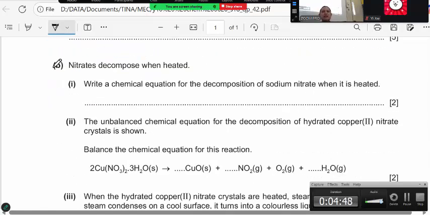Nitrate is heated. This one is no longer in your syllabus, but let me write for you. Sodium nitrate becomes sodium nitrite and oxygen. It's thermal decomposition.